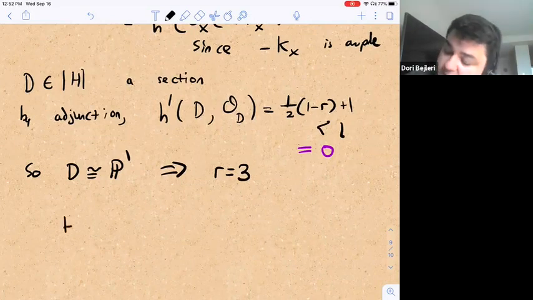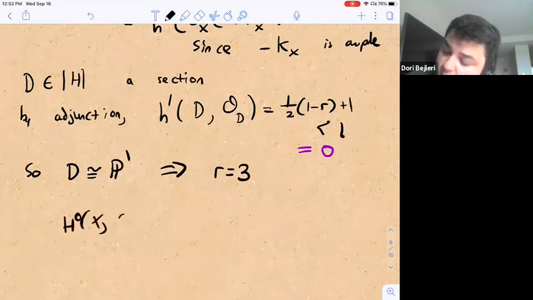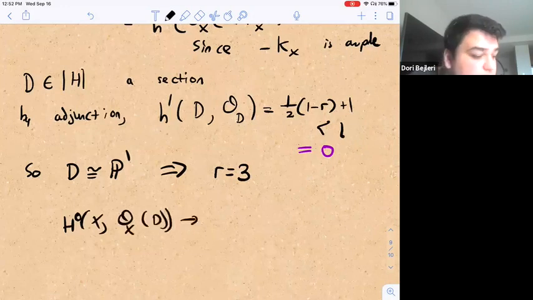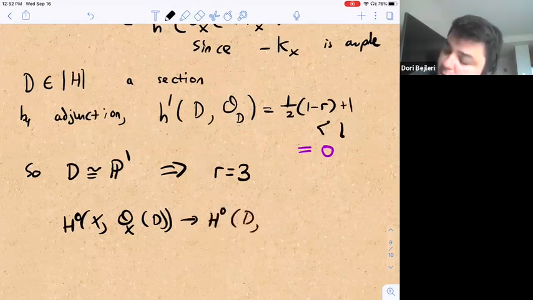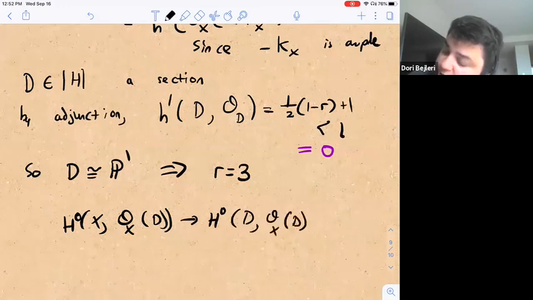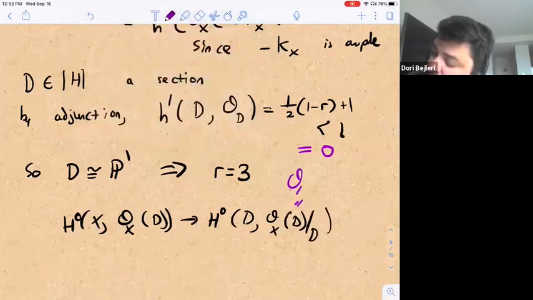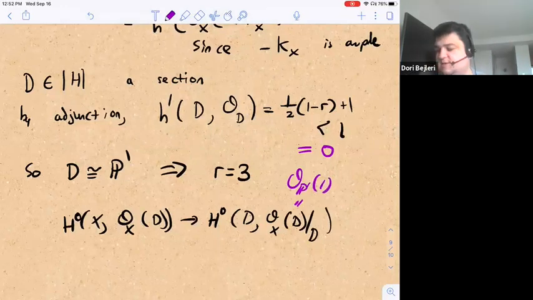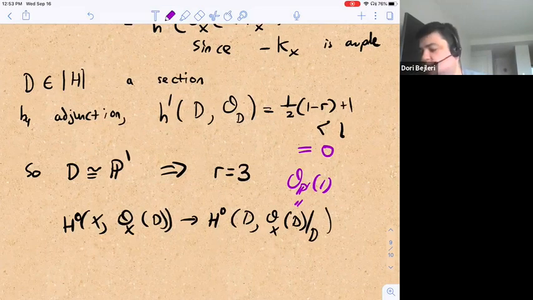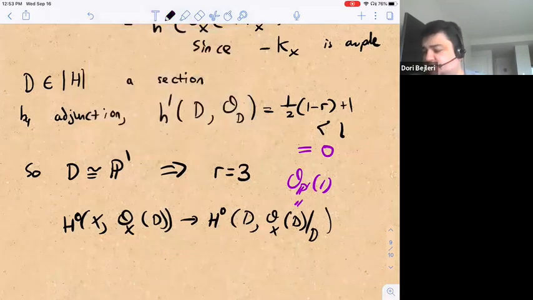So if we look at H0 of OX of D mapping to H0 of its restriction to D. Again, here we have that H squared is 1, so this is OP1 of 1.